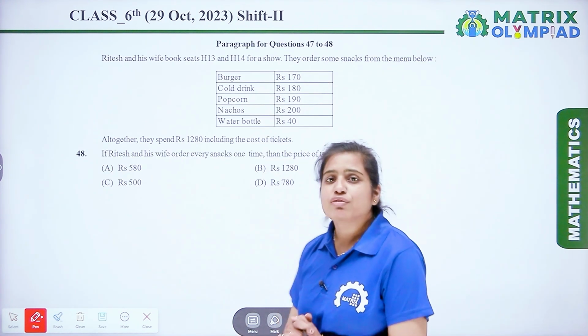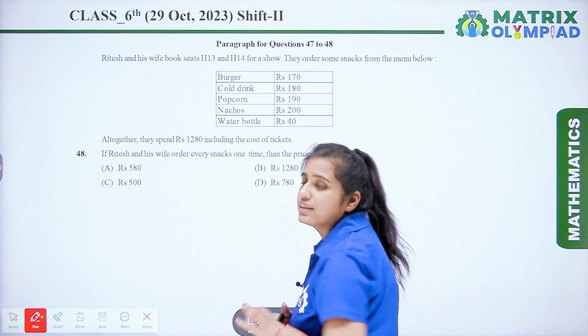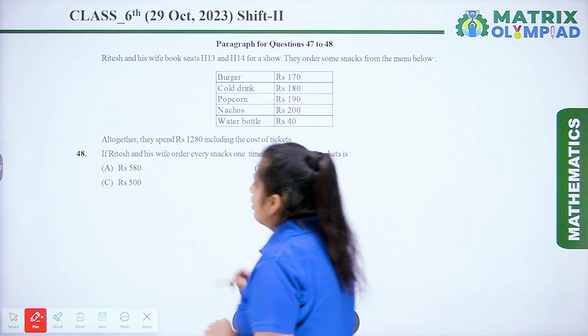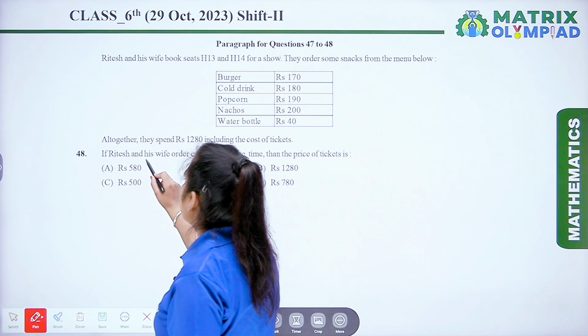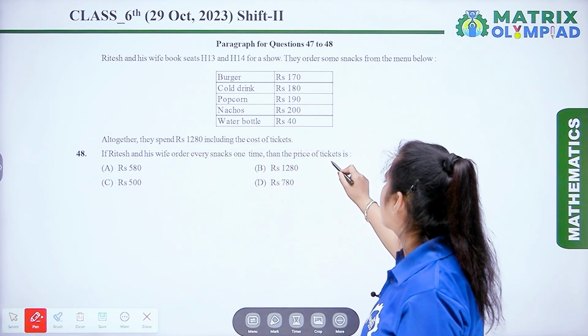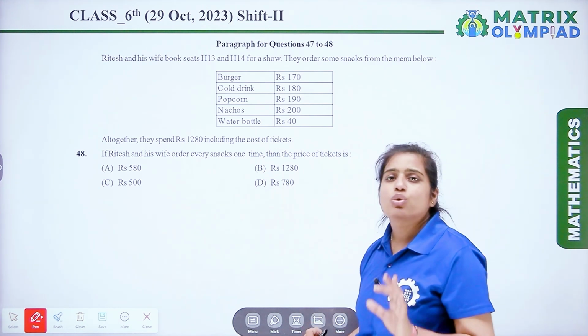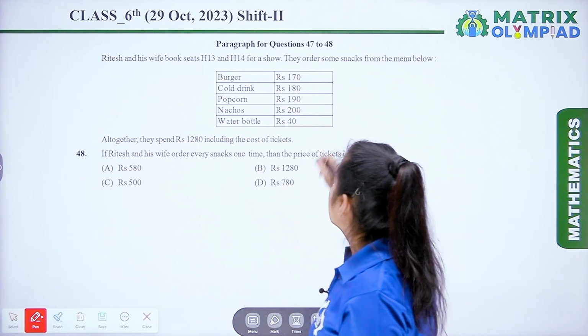Now question number 48. In question number 48, we have to use the same information to solve it. If Ritesh and his wife order every snack one time, then the price of ticket is. So we have to find out the total costing of ticket now.